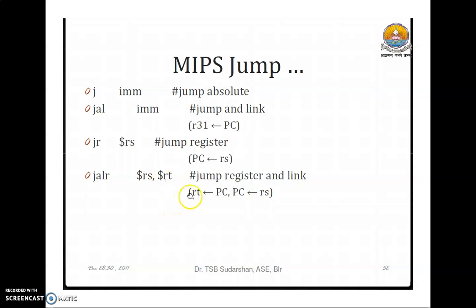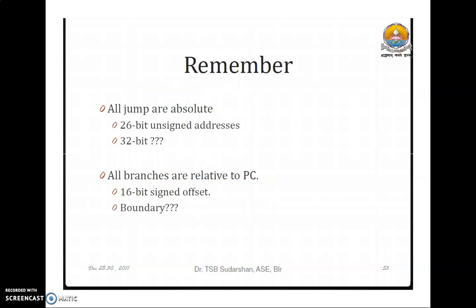So you look at the operation: we take the old PC value and keep it in RT, and replace the PC after that with the value given as part of the instruction. So the program will jump to the location identified by RS. There you will have a procedure, and that procedure will execute, and you will come back to the point again by reloading the PC back from RT.